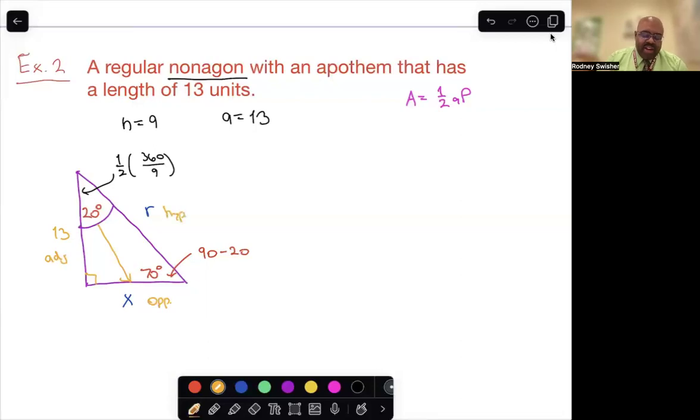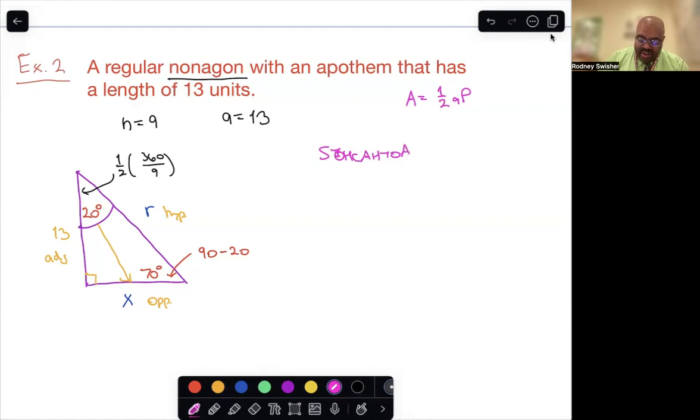But again, we don't need the radius because it's not part of the formula. So with X being our opposite side and 13 being our adjacent, we can write down SOHCAHTOA for our acronym, and fill out the fact that X is the opposite and 13 is the adjacent.